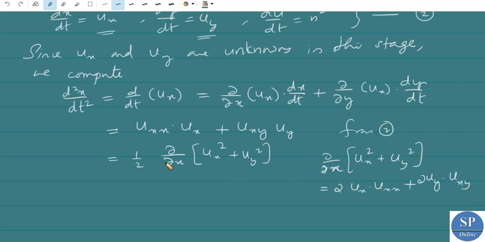So 1/2 into ∂/∂x of this is nothing but ux into uxx plus uy into uxy, that will be this.